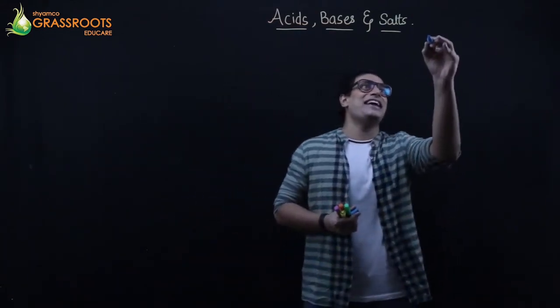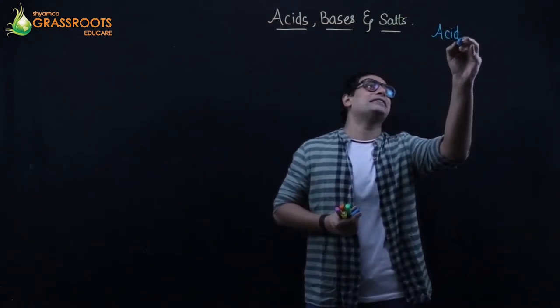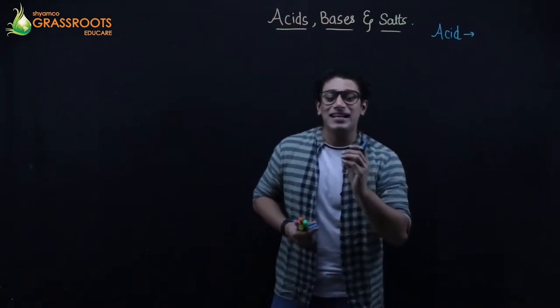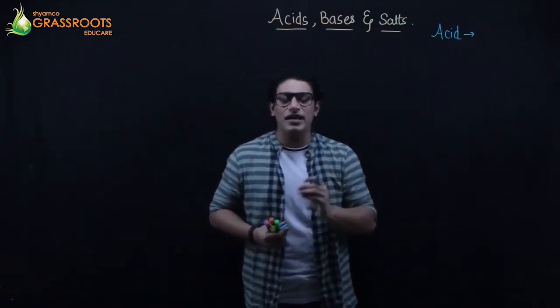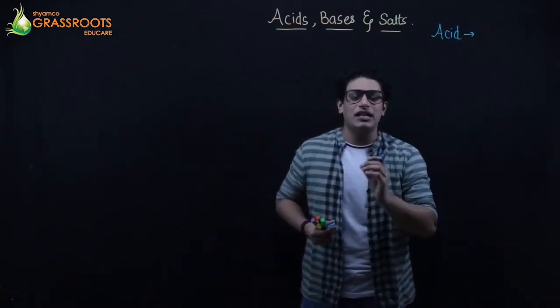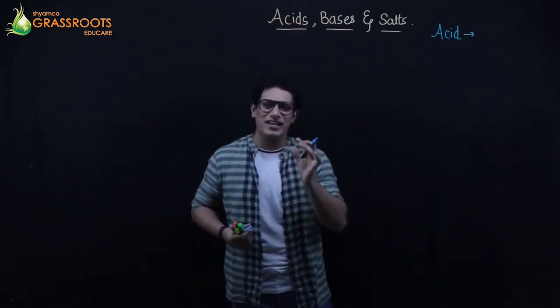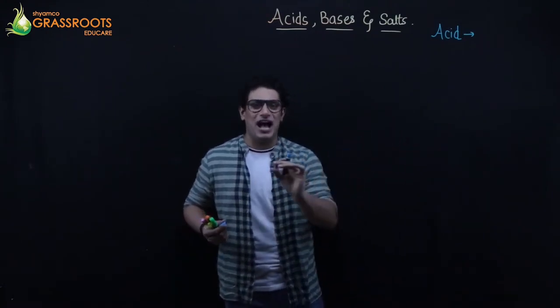So let's study what an acid is. An acid is a compound, a substance, which if I put it in water, will give me H plus, that is hydronium or H3O plus ions.